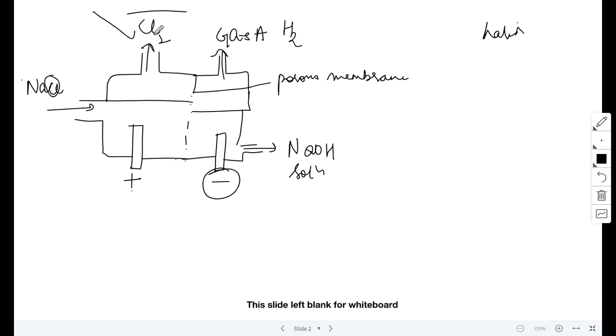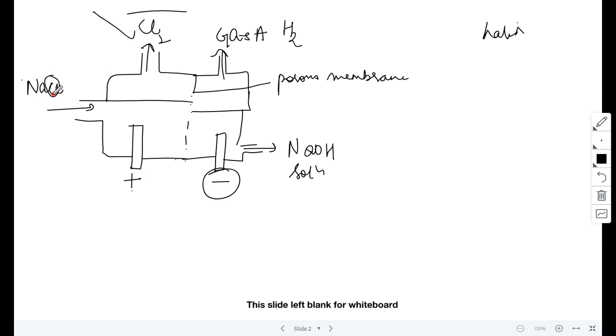Is it clear to you? This is very general. You don't have to get confused. You just have to see which electrode it is, and then see what the substance is. If you see this is a halide, then definitely chlorine will be formed.